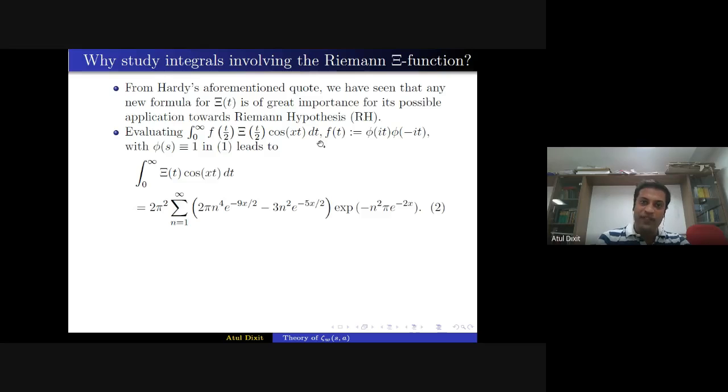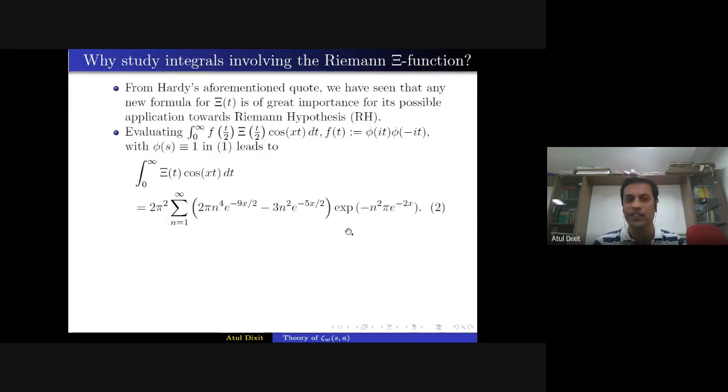So this very first formula that I started my talk with, or very first integral, remember x there was 1/2 log alpha. So let us put it as x. F was of this form. And now if I take this phi function to be identically equal to 1, then this integral becomes this, and it can be evaluated to be equal to this.